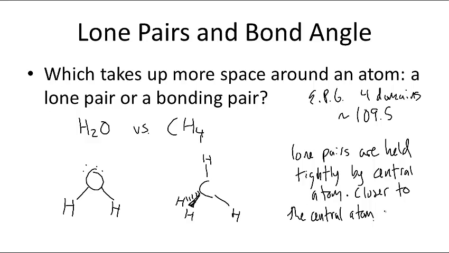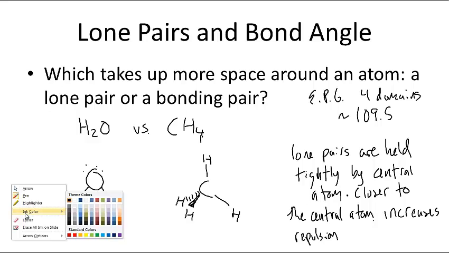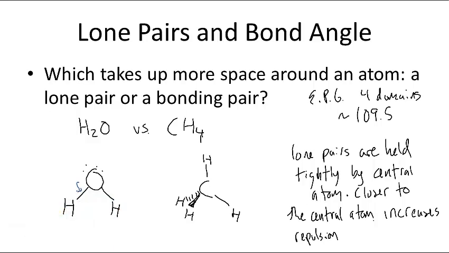Yeah, this increases repulsion. So the lone pairs increase repulsion between themselves and between the domains. What the lone pairs actually do is squish the bonded pairs closer together because they are closer to the central atom.